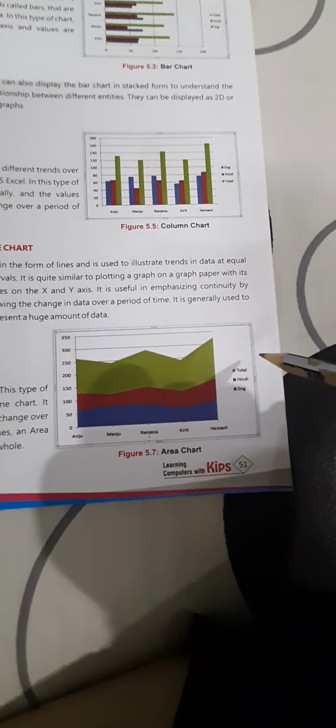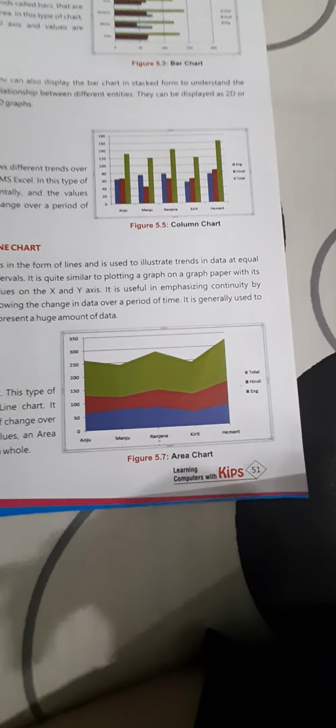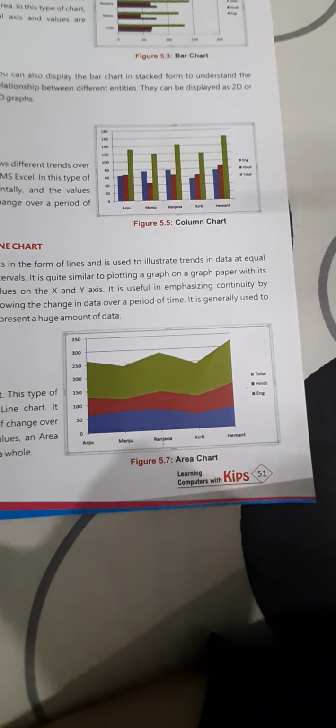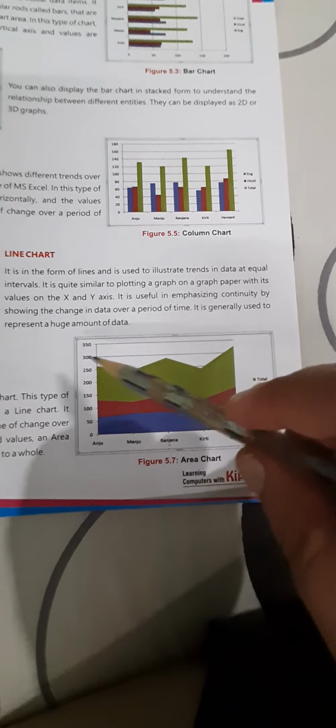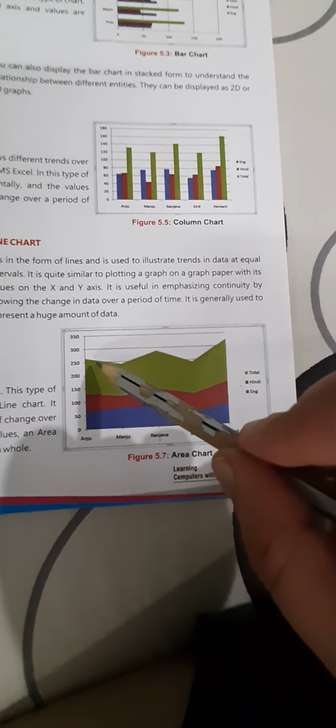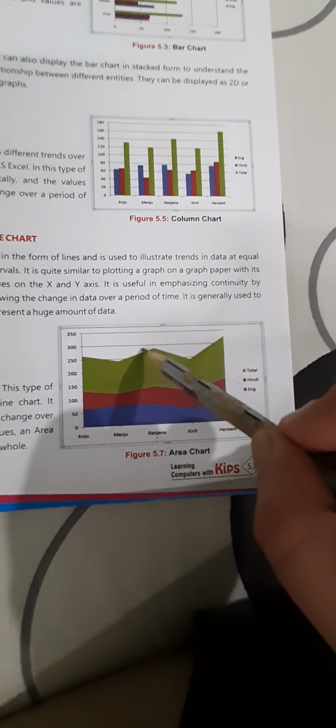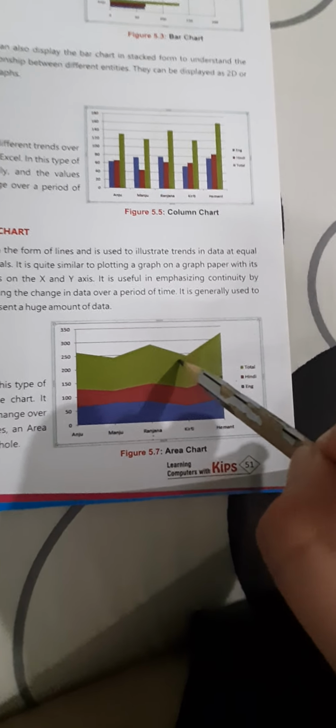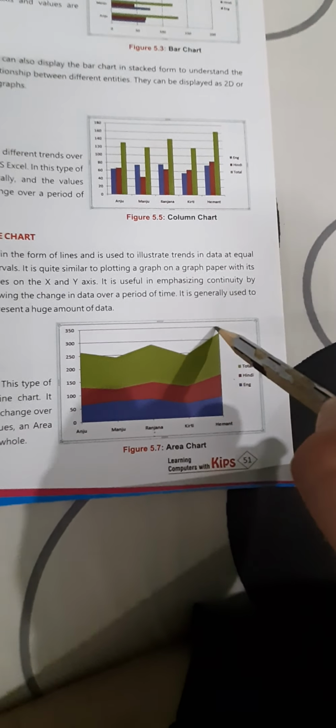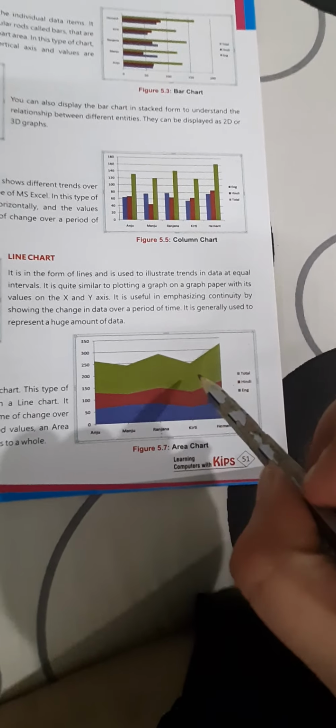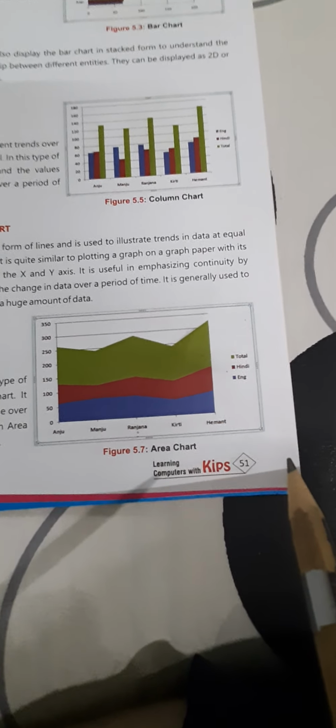We can see here when it goes down and up and again down, and then the value goes higher. So I can see very clearly what the chart is saying. Basically it gives a visual impact on a line chart.